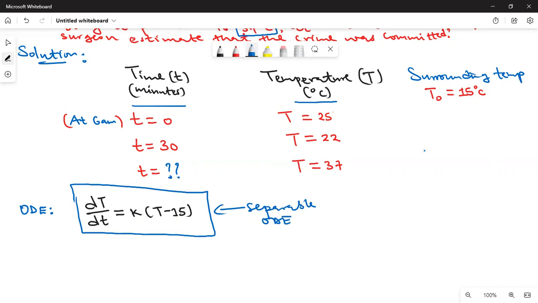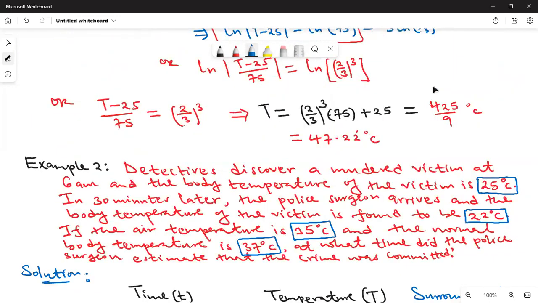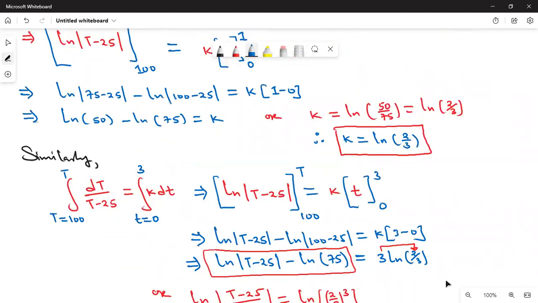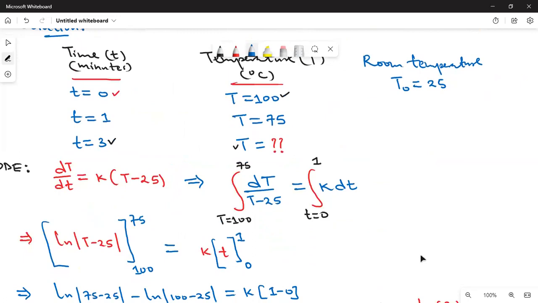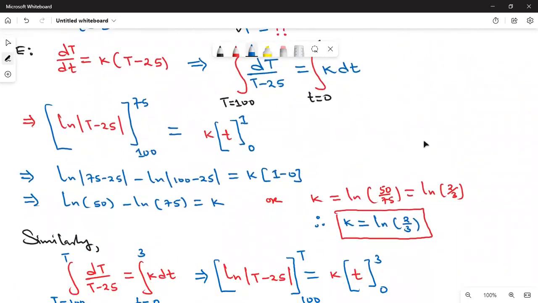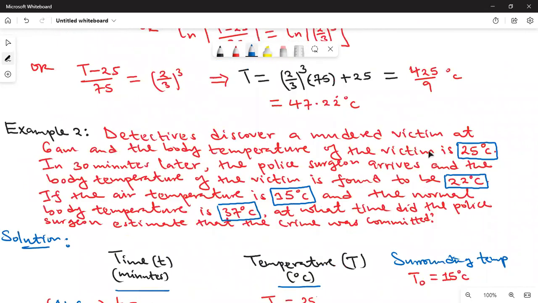So when you separate the variables, what are we going to get? We collect the capital T's on one side and the small t's on the other side. Let me write it down here.